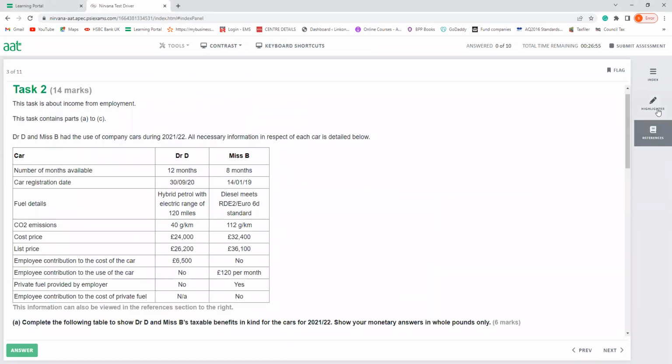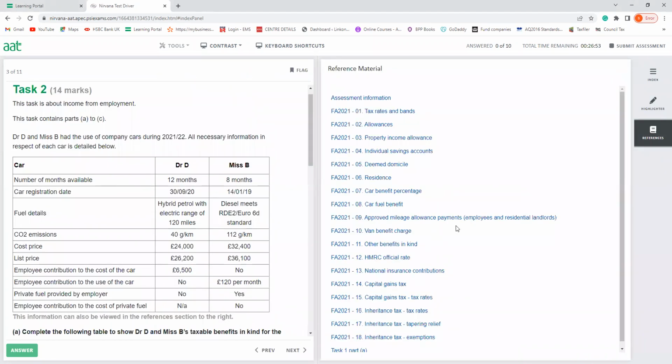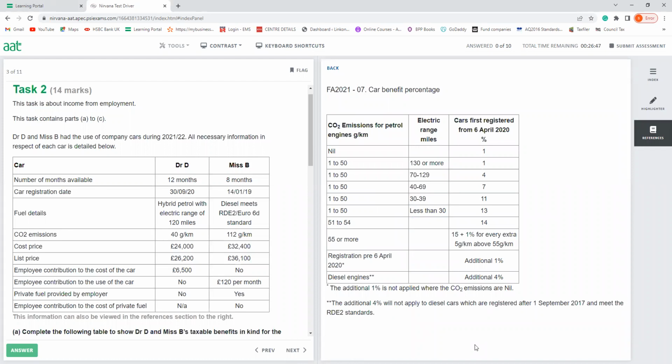So the first thing, if we look at the reference material quickly, we can see our car benefit percentage. Here we have CO2 emissions 1 to 50 and the electric range 70 to 130, and 121 to 129 has only 4 grams. So the benefit percentage is 4%. This is satisfied with this one: 40 grams and 120 miles.